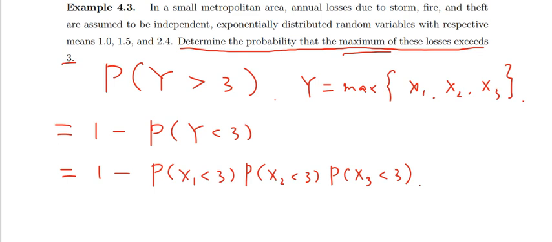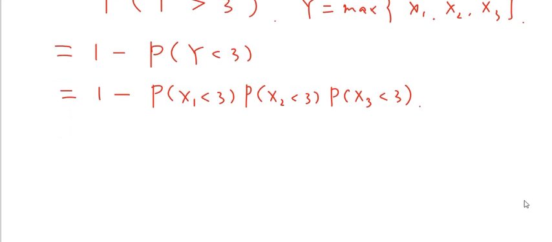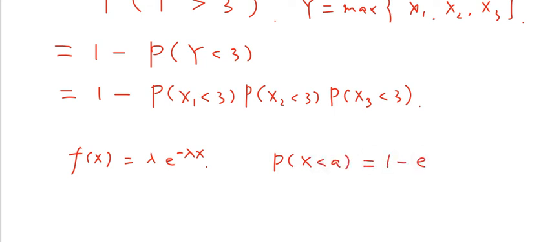So x1, x2, x3 all follow exponential distributions. Let's say for an exponential distribution, suppose the density function is lambda e^(-lambda x). Then P(x less than a) equals 1 minus e^(-lambda a).